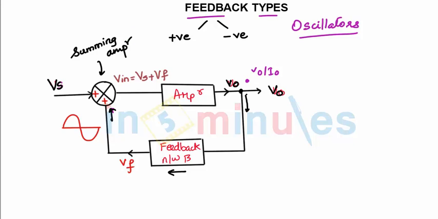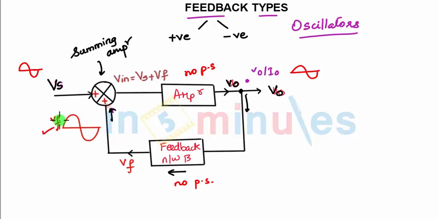Suppose the phase of the input signal is like this. If the amplifier adds a 180-degree phase shift, there will be a phase shift. We are assuming there is no phase shift from the amplifier, so the phase for input and output will be the same. Similarly, feedback is not adding any phase shift, so whatever is the phase for the output is the same for the feedback.